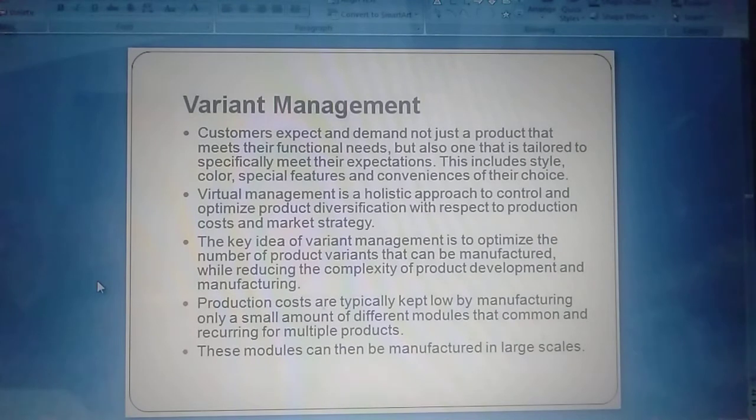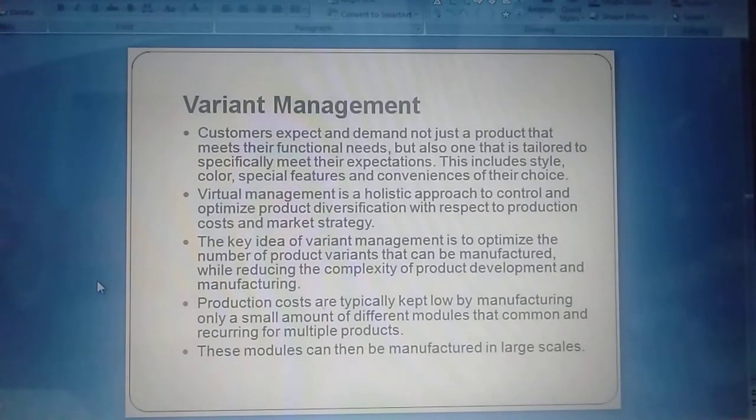Further, international markets with local particulars like people, rules and regulations often demand products in different variants. Variant management is a holistic approach to control and optimize product diversification with respect to the production cost and marketing strategy also.